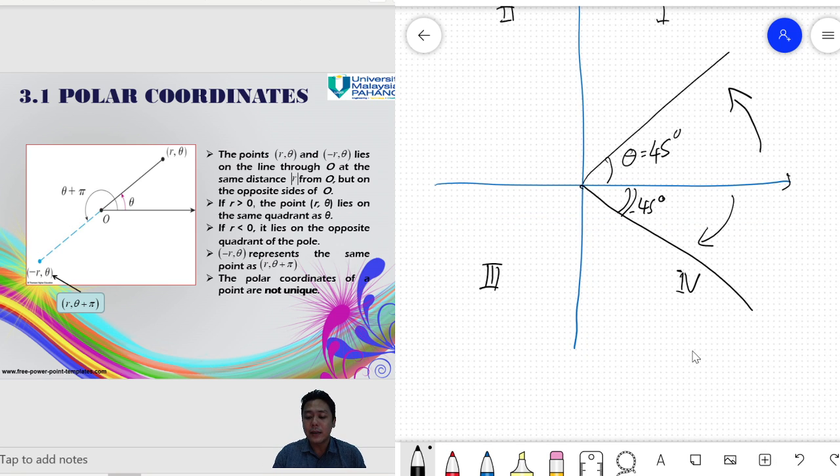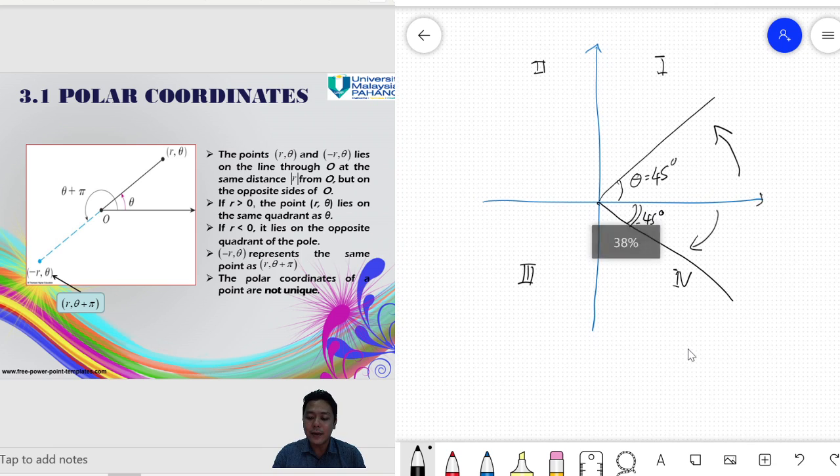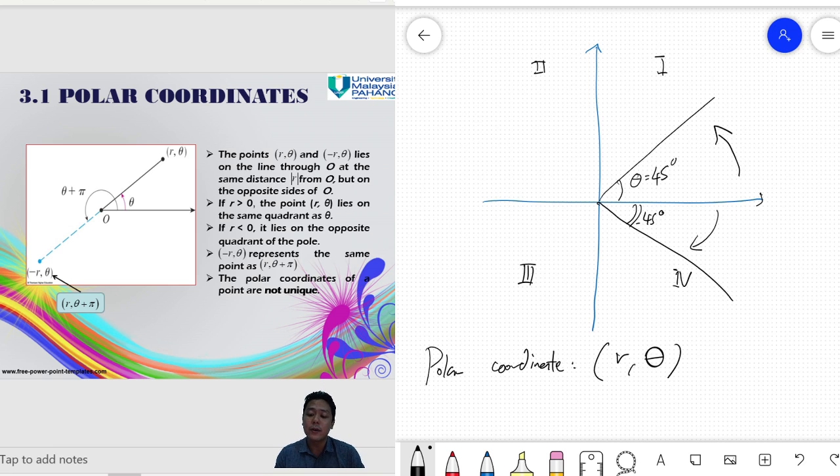So for the polar coordinate (r, θ), if the angle is positive, it moves anti-clockwise. Vice versa, if it is negative, then it moves clockwise.